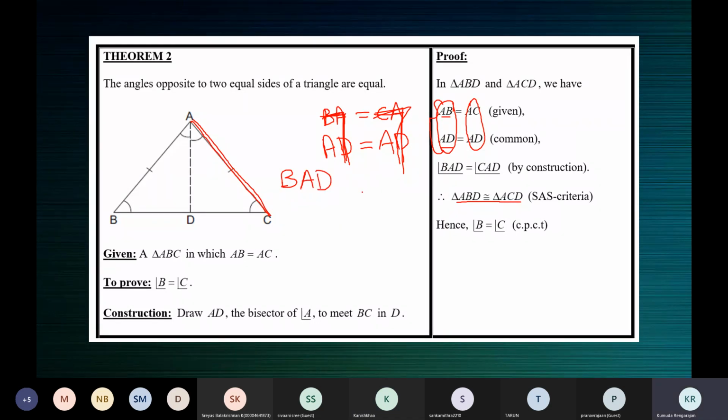Triangle BAD, because here we are omitting this one. This is repeated, we already have A here. So BAD is congruent to triangle CAD.